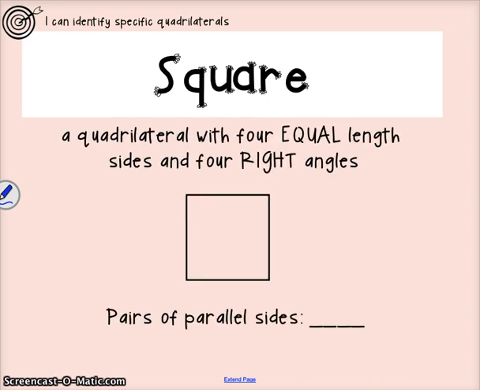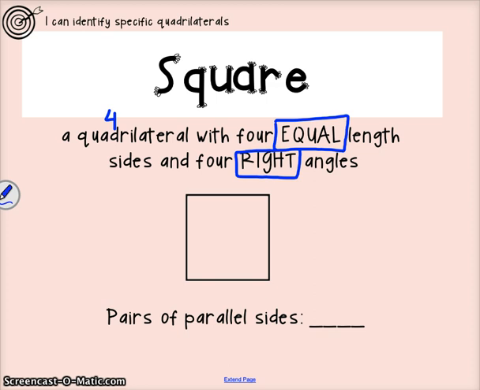Let's keep going. A square is a quadrilateral, so right away I'm going to think 4 equal length sides. Ooh, I see that equal is capitalized, so I'm going to put a square around that. Equal length sides and 4 right angles. Do all quadrilaterals have 4 right angles?